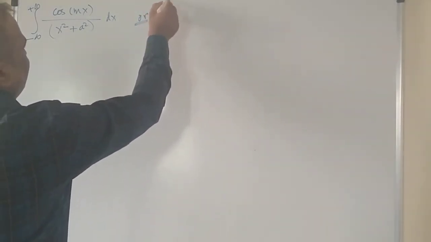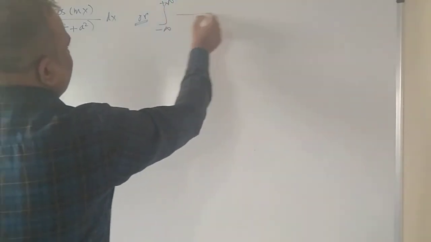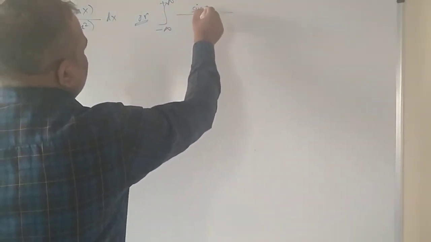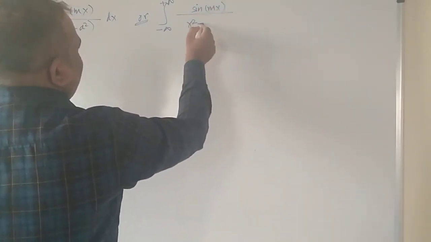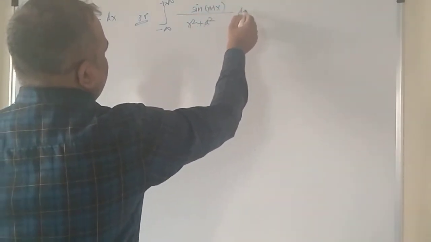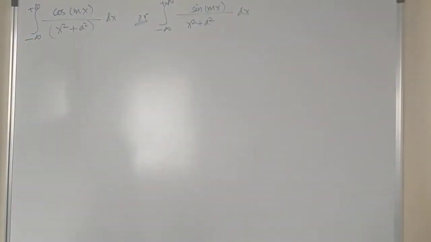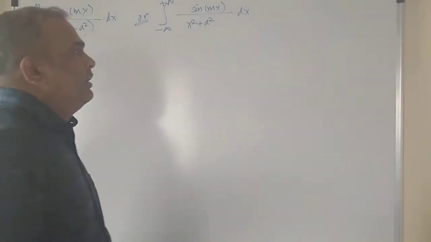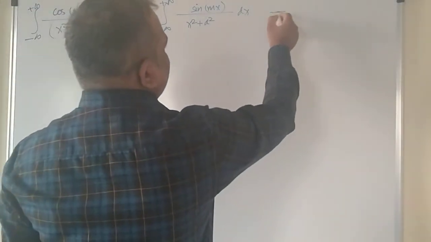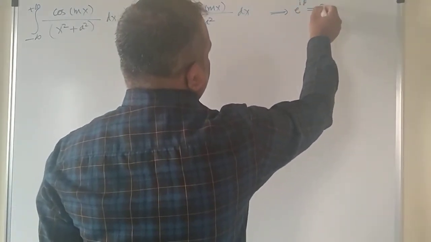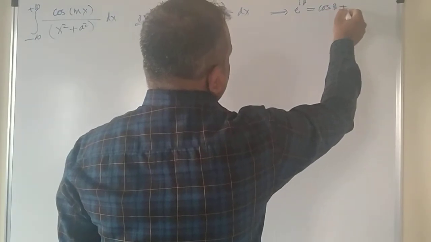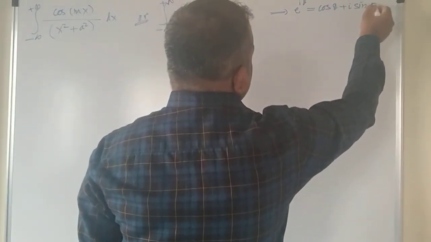Or the integral from minus infinity to plus infinity of sin of mx divided by x square plus a square into dx. Now if you observe these two terms carefully, sin and cos, you can easily write this kind of integral in the exponential form. As we know, e raised to i theta is equal to cos theta plus i times sin theta.